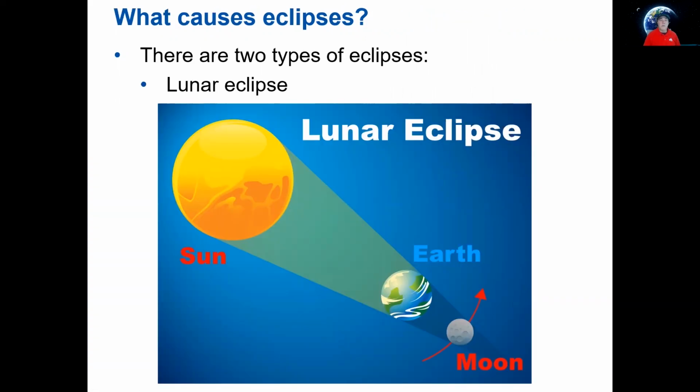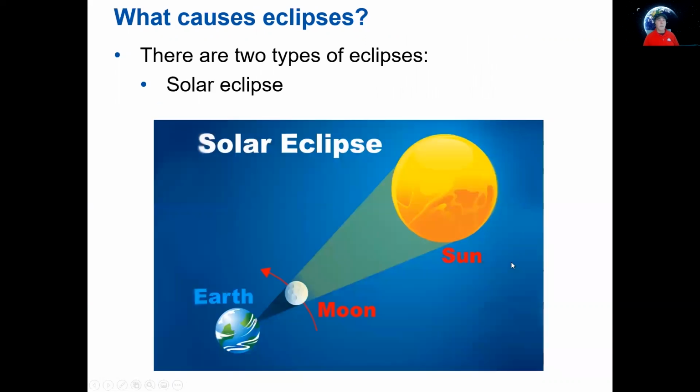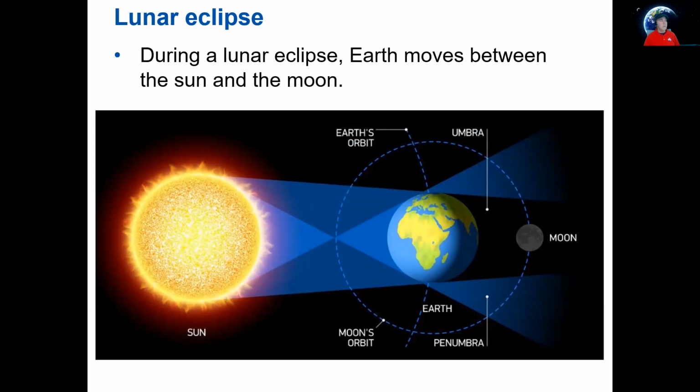There are two types of eclipses on Earth: an eclipse of the moon, called a lunar eclipse, and an eclipse of the sun, called a solar eclipse. During a lunar eclipse, Earth moves between the sun and the moon.